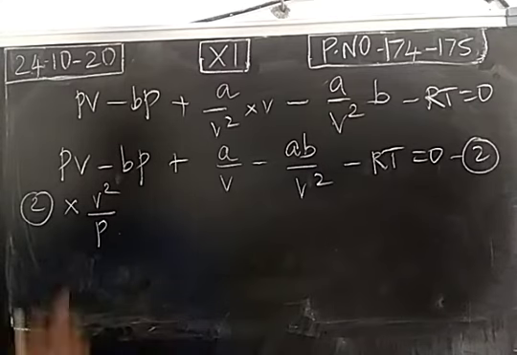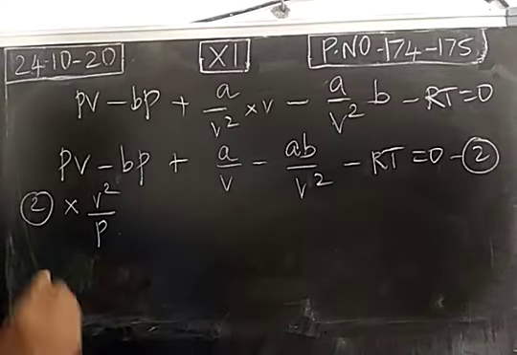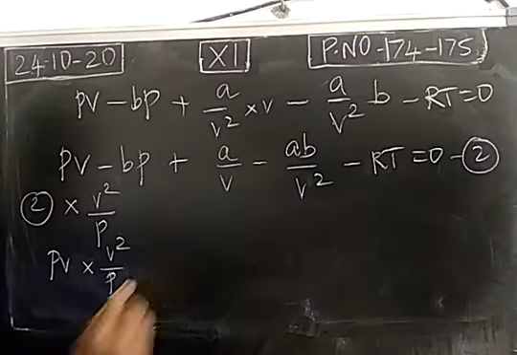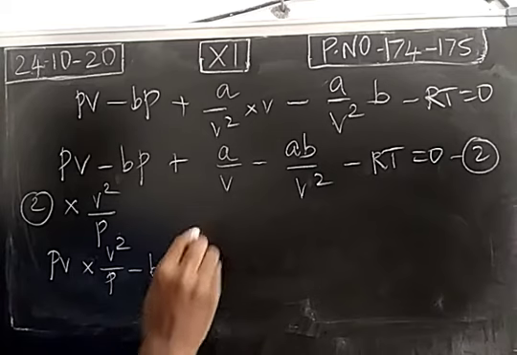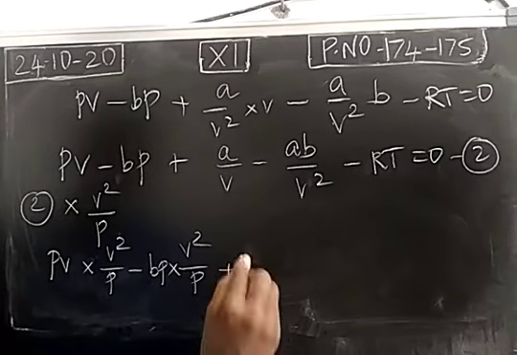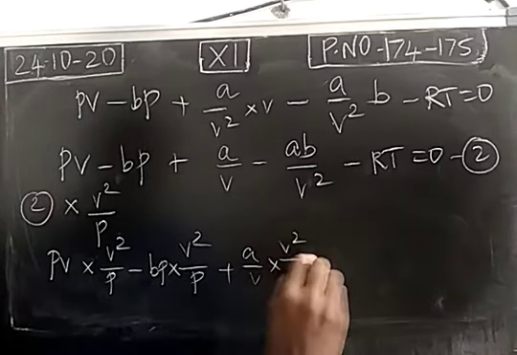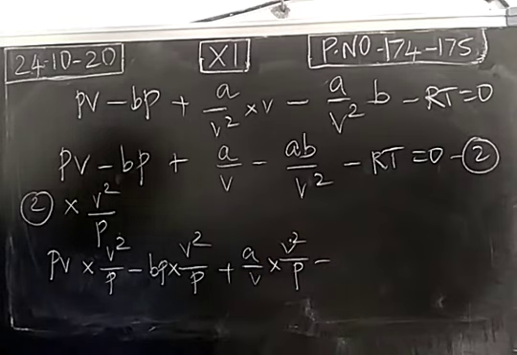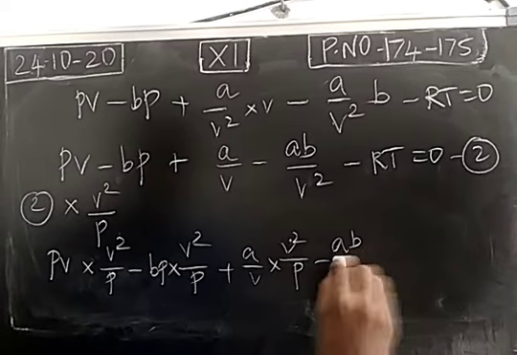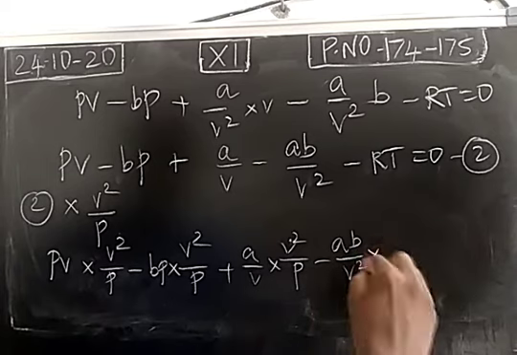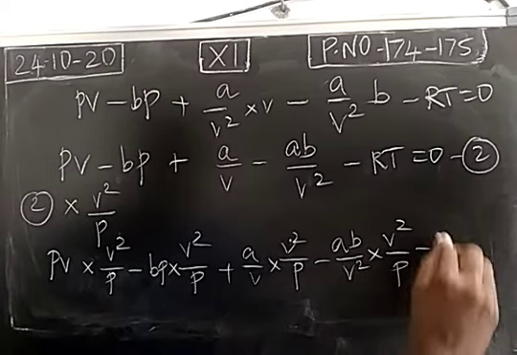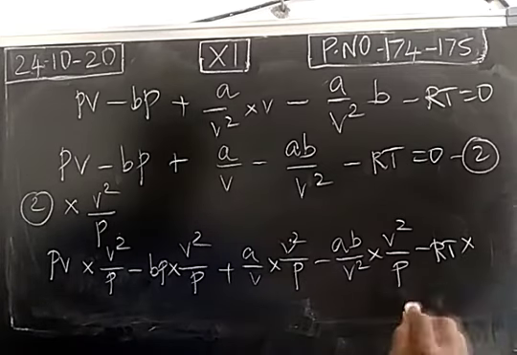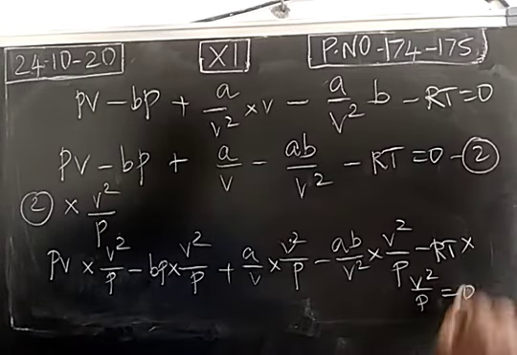So PV is multiplied by V squared by P, minus bP into V squared by P, plus a by V into V squared by P, minus ab by V squared into V squared by P, minus RT into V squared by P is equal to 0.